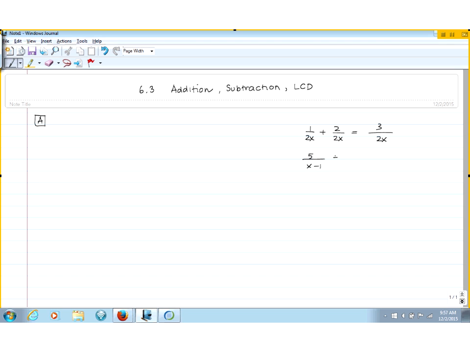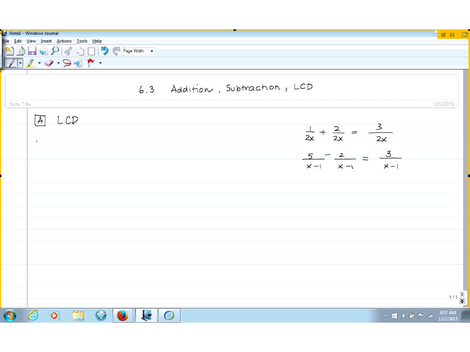And just say if you have 5 over x minus 1 minus 2 over x minus 1, what's going to happen here? So the same denominator, which is x minus 1, so the top will be 3. Easy? So this is what happens when you have common denominators. So that's why I didn't really discuss them. Because if you have common denominator, then we can just add or subtract the top. Yes. Okay. So now let's just do the LCD, and then we will brush this up a little bit.